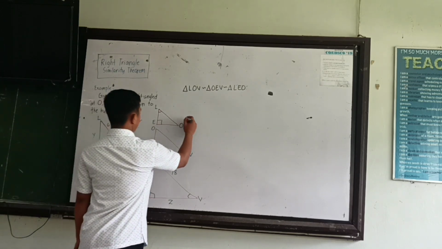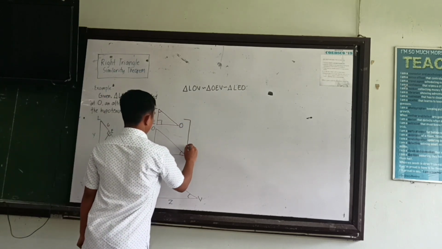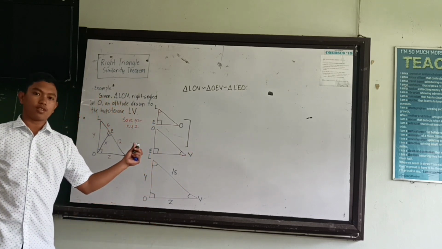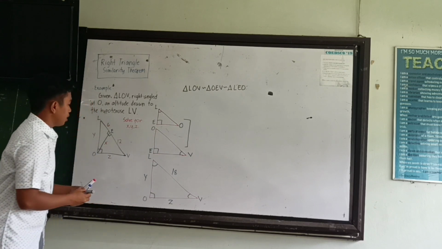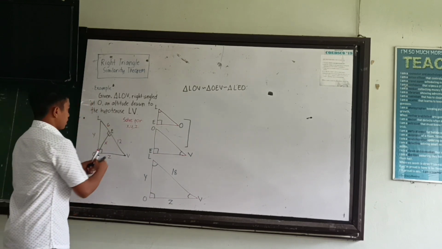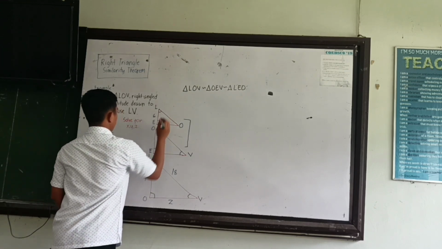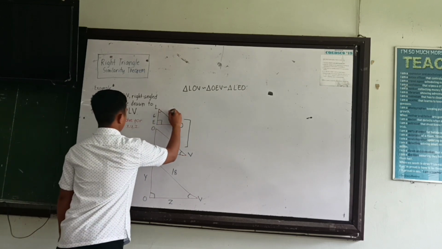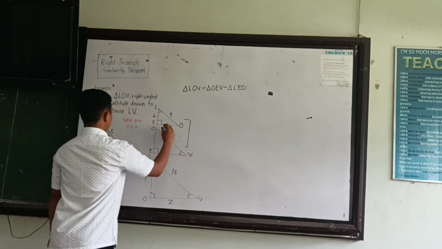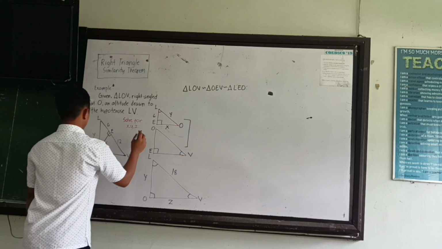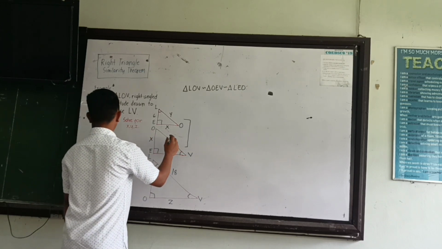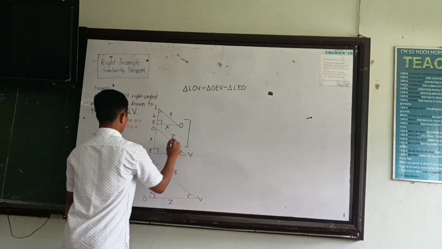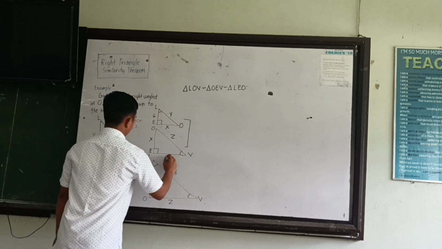So let's compare the smaller triangle and the bigger triangle and see if we can solve an unknown. First, label it. LE is 6. LO we have y. EO we have x. OV we have z. And EV we have 12.